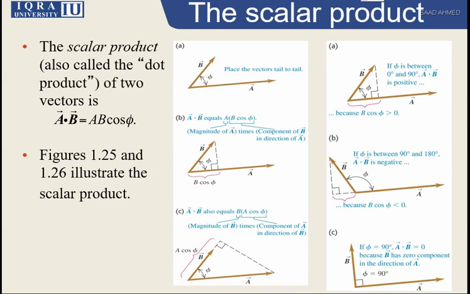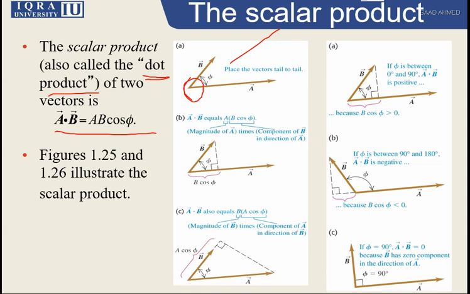Scalar product. The scalar product, also called the dot product of two vectors, is AB cos theta. You are basically multiplying, and you can see that these are the two vectors in figure A. Place the vectors tail to tail. You are using tail to tail here, not head to tail; it's tail to tail for multiplication, the dot product.